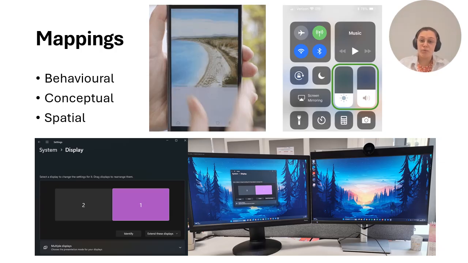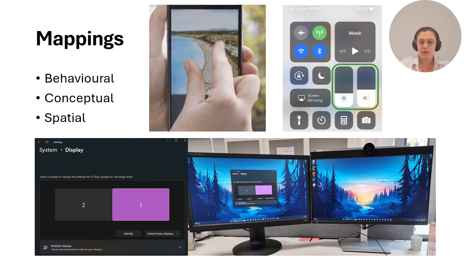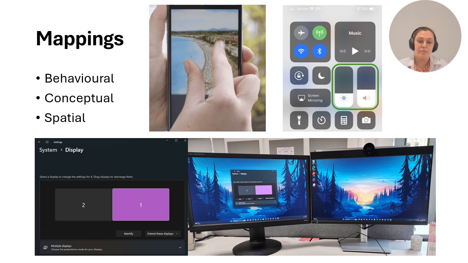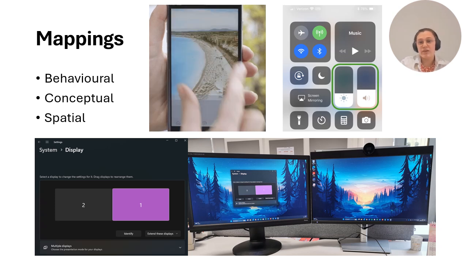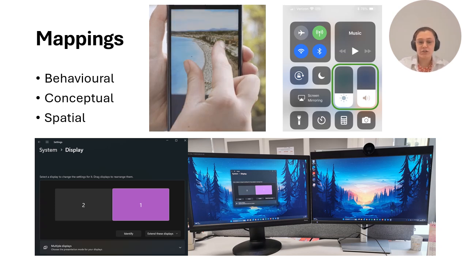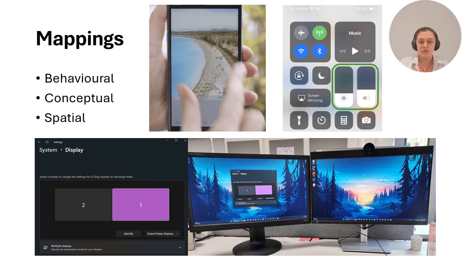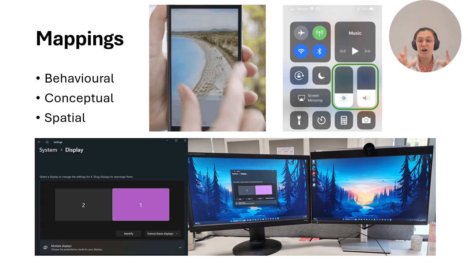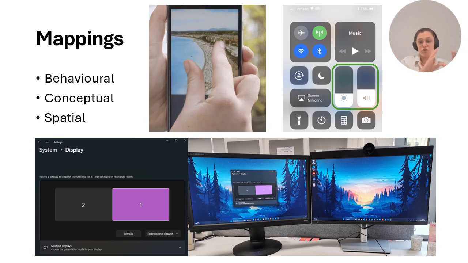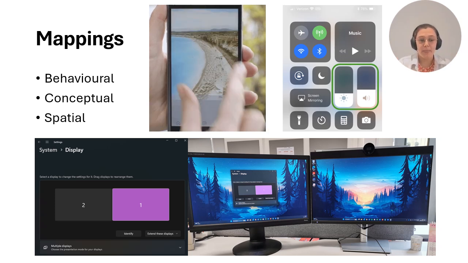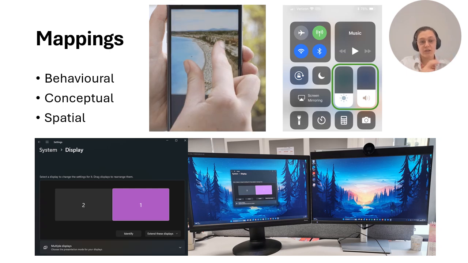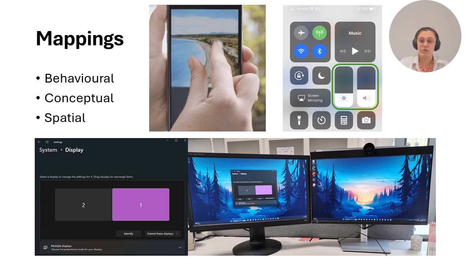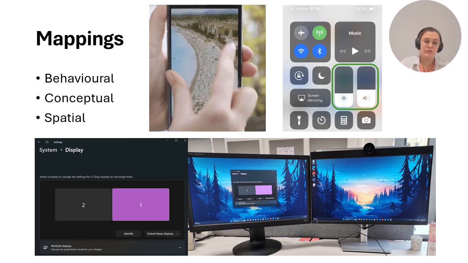And so a little bit more detail on the mappings we looked at. So the example with the hubs, we talked about spatial mappings. So we can often relate spatial mappings to hardware. So we can recreate that hardware spatial mapping of the two monitors into the window of the settings so that you can see actually screen 1 corresponds to the screen on the right, and screen 2 corresponds to the screen on the left.